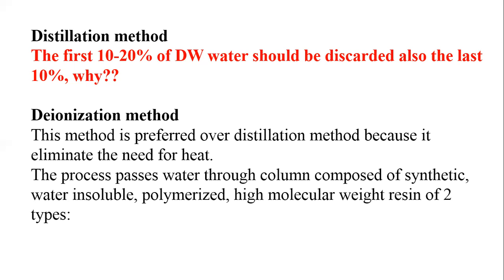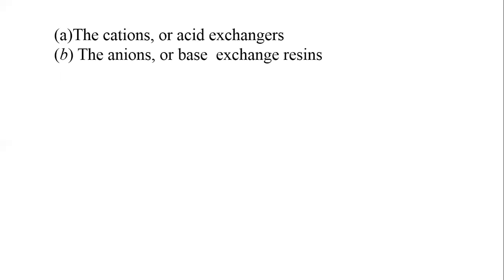The process passes water through a column composed of synthetic water-insoluble polymerized high molecular weight resin that is of 2 types. First, there is the cation or acid exchanger. Second, we have the anion or base exchange resin.